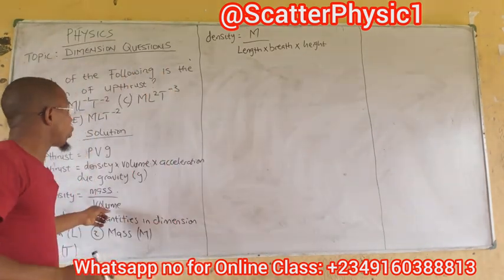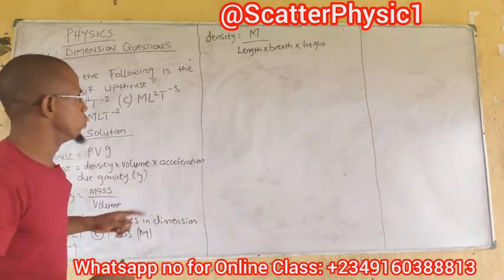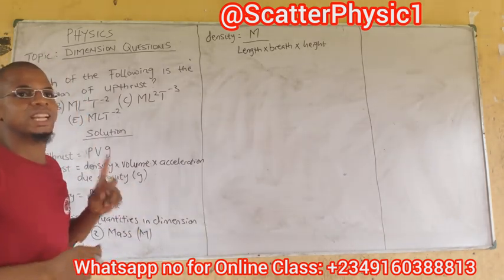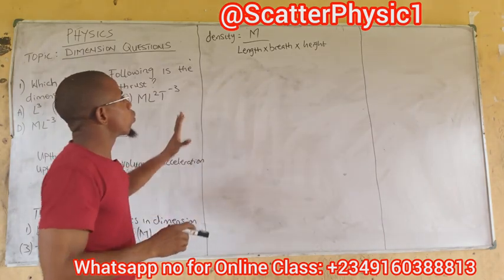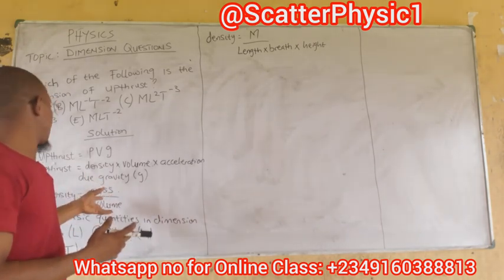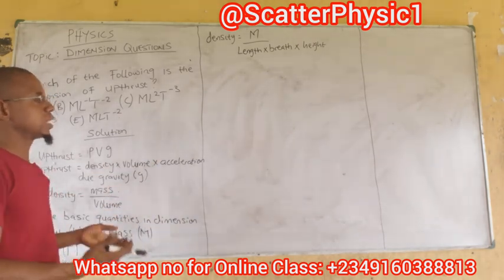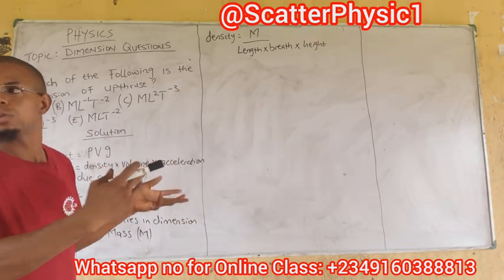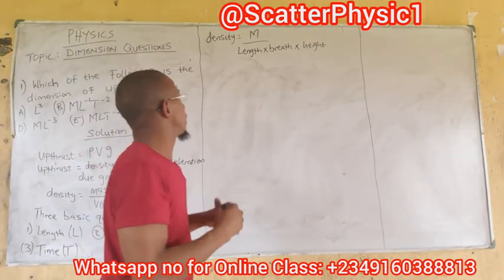This is the formula for volume: length times breadth times height. Because if I try to find volume on its own, the calculation will be long, and I don't want this calculation to be long.